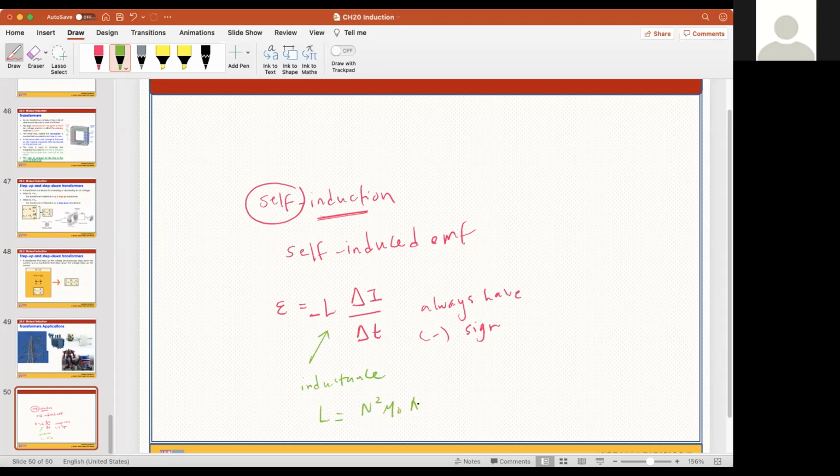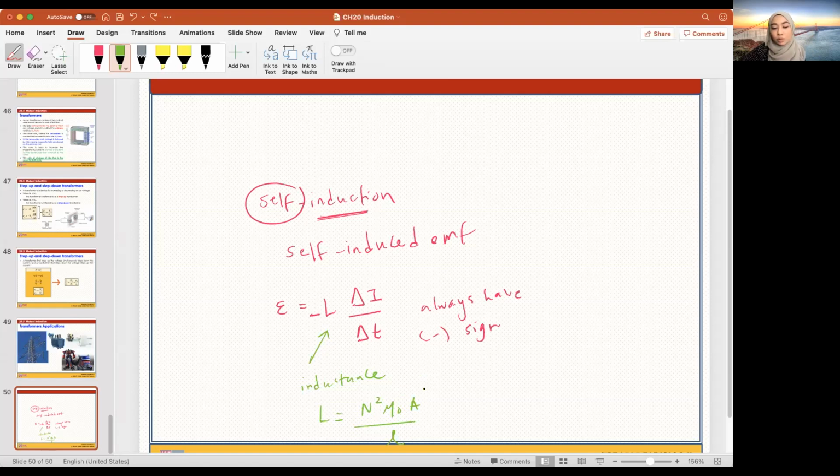We talked about this at length yesterday, where inductance L is equal to N squared mu naught A over L. A is the area, L is the length of the solenoid or the inductor, and N is the number of coils, squared. Mu naught is for when the material is air or free space. We will be using mu naught, not other materials.